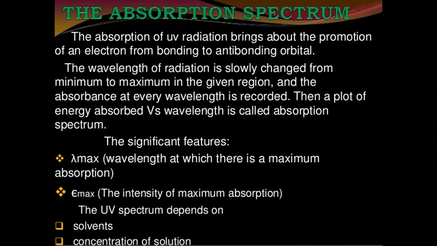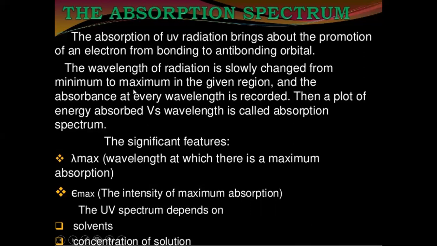The significant features are the lambda max, the maximum absorbance. At what wavelength is that? One particular molecule absorbs at a particular wavelength. We are increasing the wavelength from minimum to maximum, and absorbance is recorded.